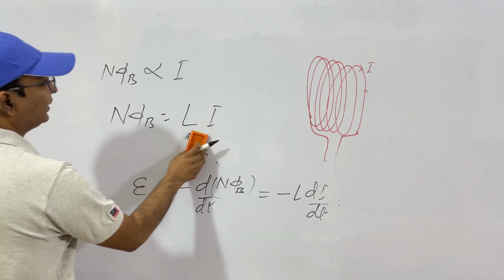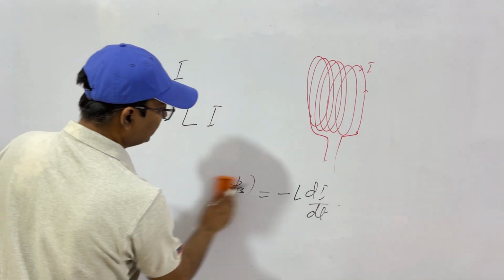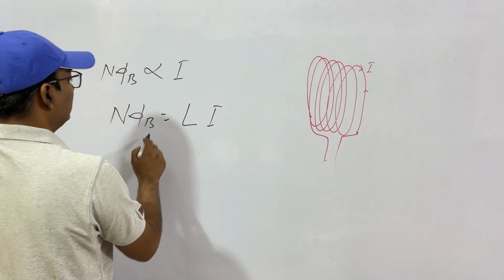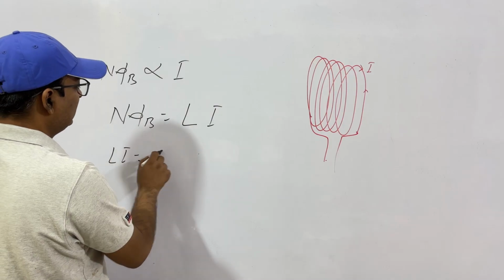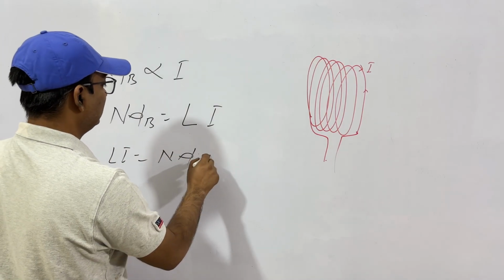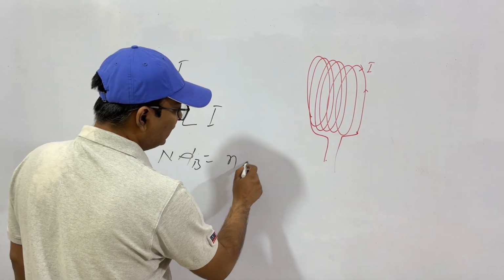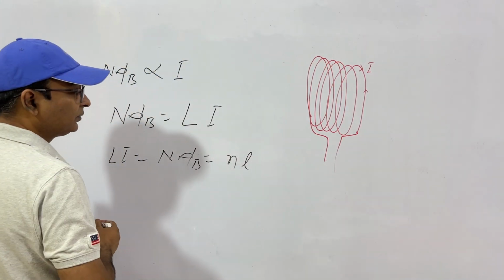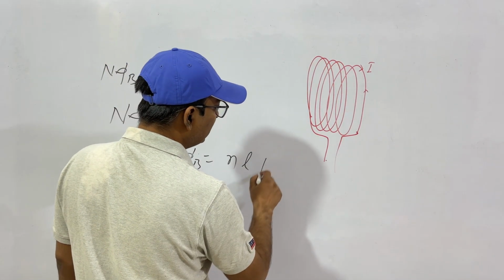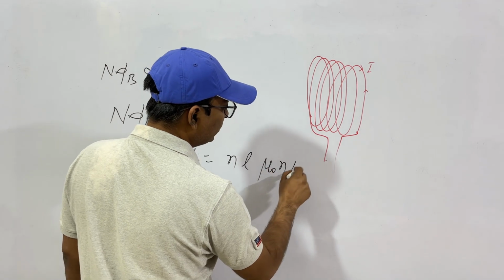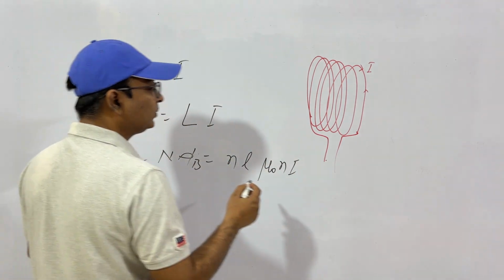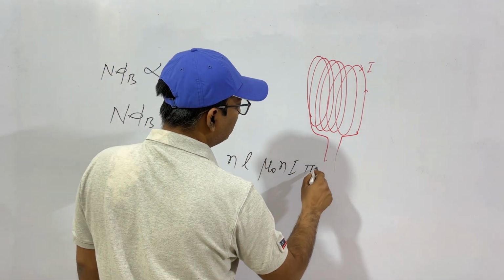How can we calculate it? We can calculate using this expression only. So L into I is N into phi. N is what? If the number of turns per unit length is n, and the length is l, then this is N. Phi is B into area. B is what? Mu 0 n into I, and area is pi r square, where r is the radius.